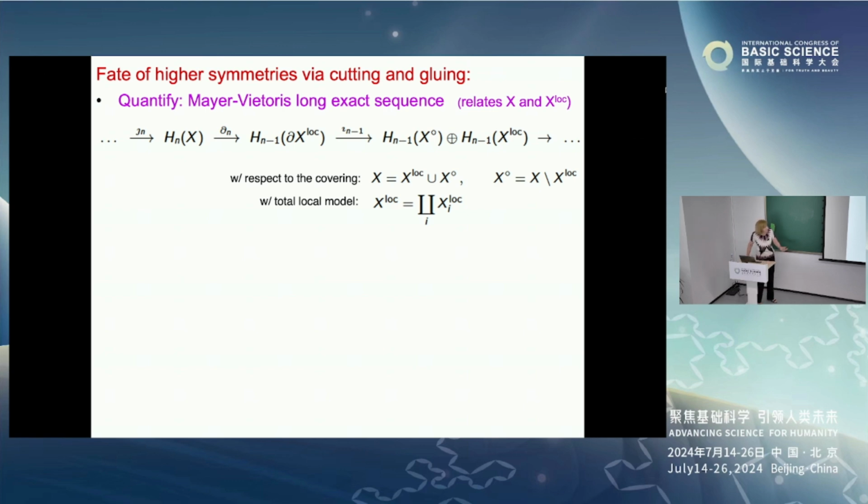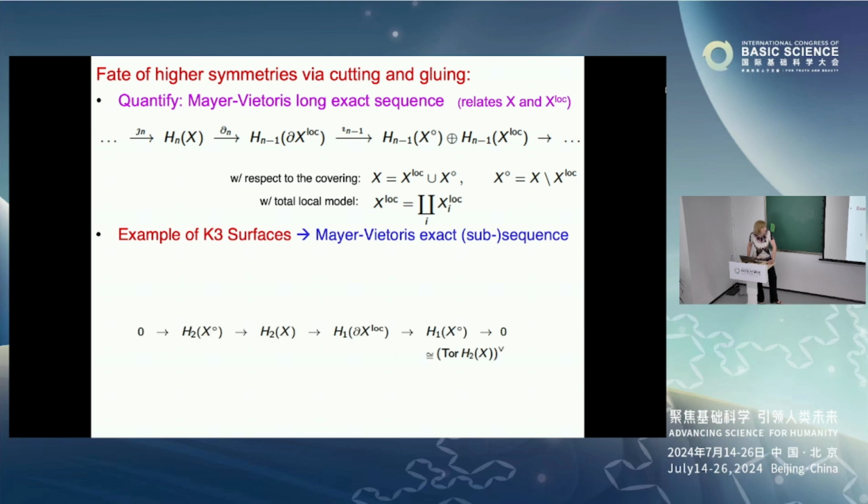Well, the sequence turns out to be a short one in the example of four-dimensional spaces. For example, T4 orbifolds or K3 surfaces in general allow us to truncate this sequence to a finite one. And here there are issues of interpretation of symmetry operators and defect operators in this context.